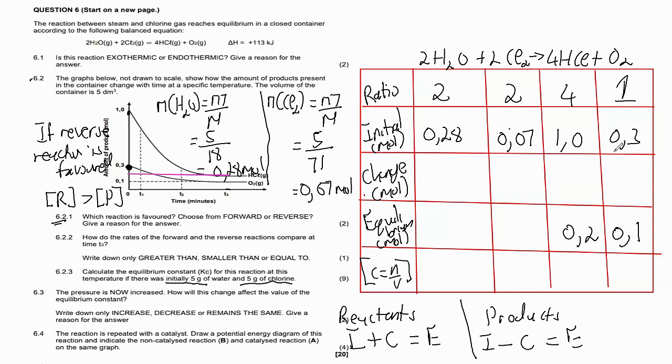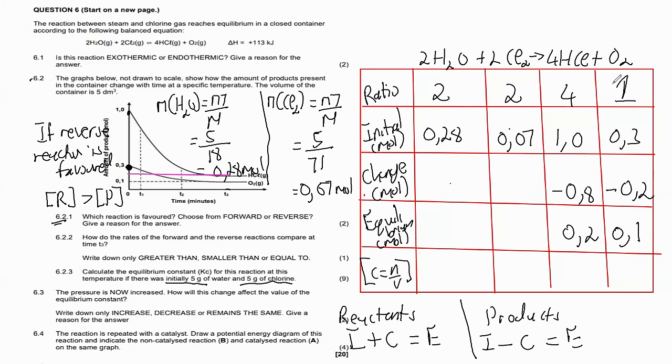So at this point, we know that from 0.3 to 0.1, there was a decrease, or a change in the number of moles, of 0.2. And then again, from 1.0 to 0.2, there was a change in the number of moles of 0.8, right? Now, how do we find this 2 here? Obviously, we now need to use the ratios.